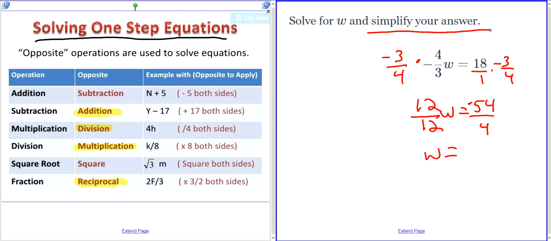So if you divide both by 2, you get 27 over 2. And it can't be simplified any further. So you got to make sure you simplify the fractions.